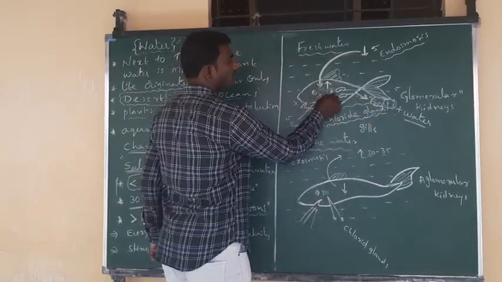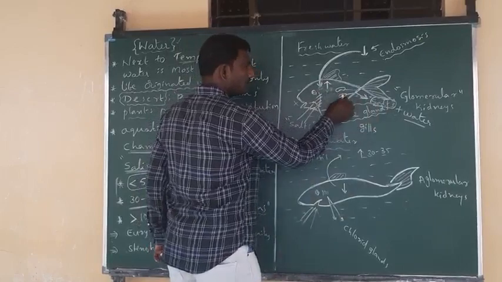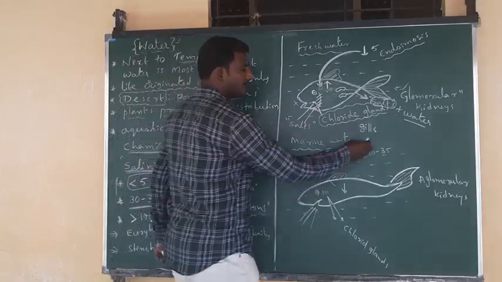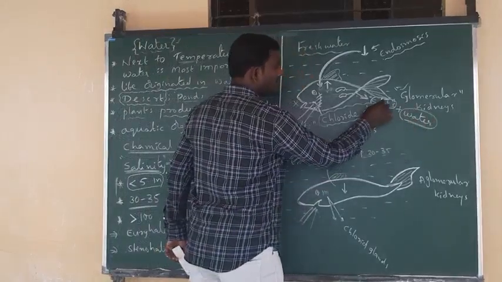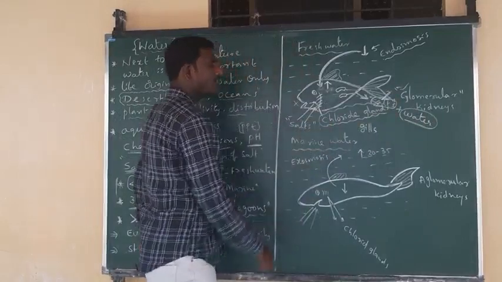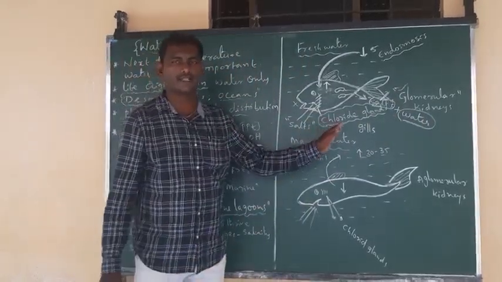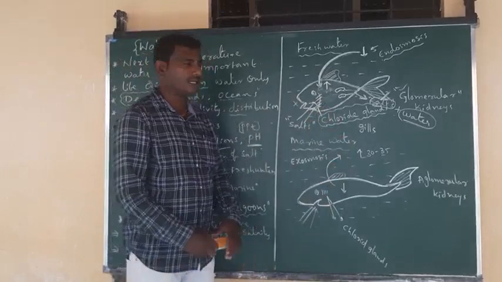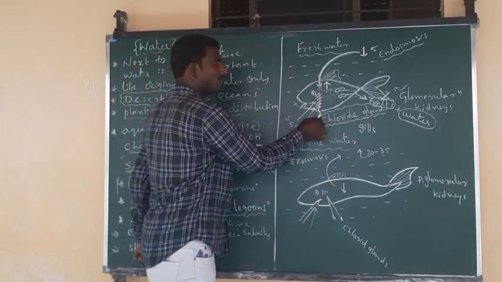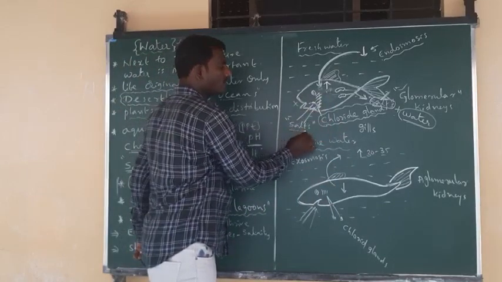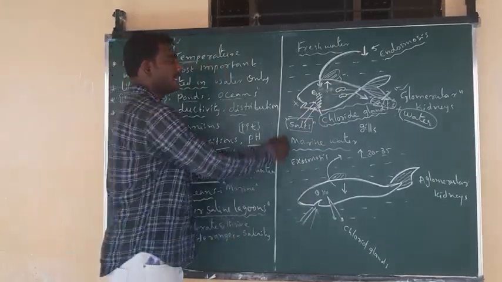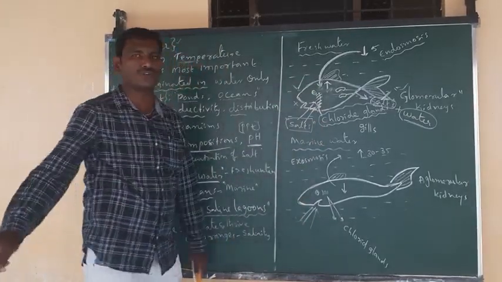That excess water is eliminated by the glomerular kidneys, which also eliminate salts. These salts enter the body again with the help of chloride cells, the chloride glands present on the gills. The freshwater fishes' gills possess chloride cells that absorb salts from the surrounding water. By this process, they survive in fresh water.